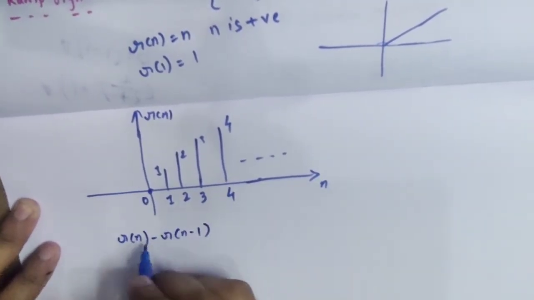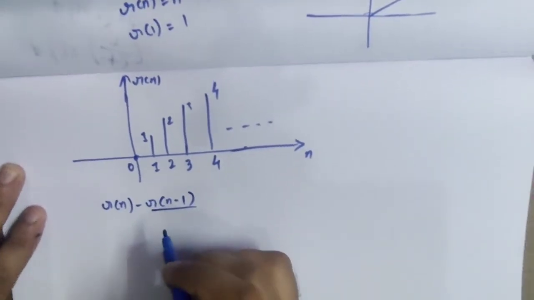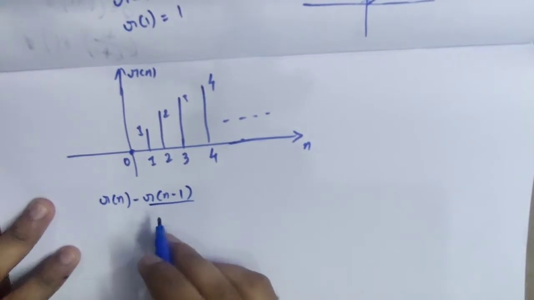Just now you have seen how to draw u of n minus 1. In the same way you will also be drawing r of n minus 1.